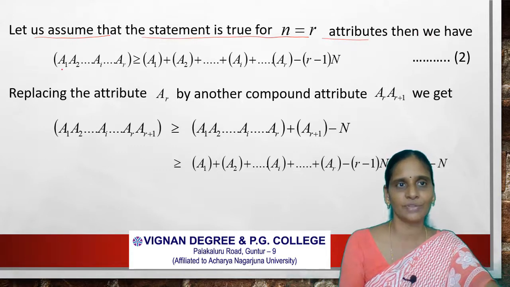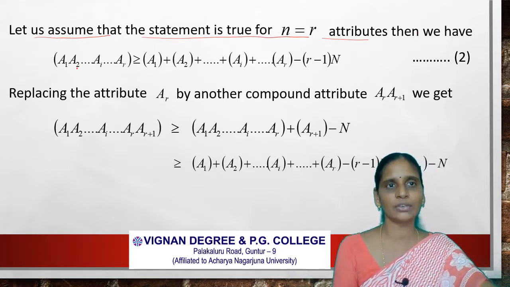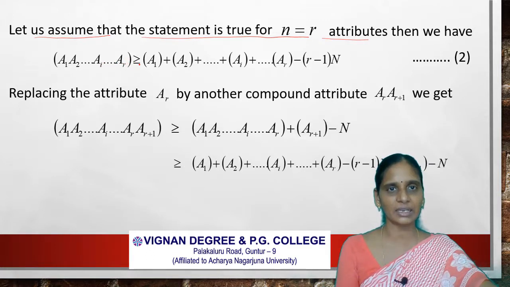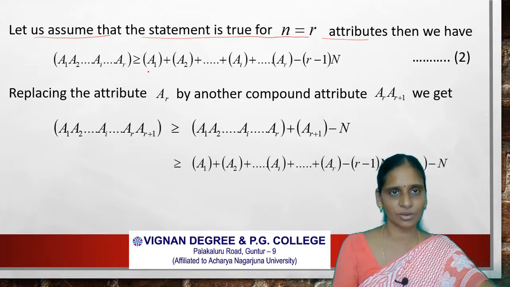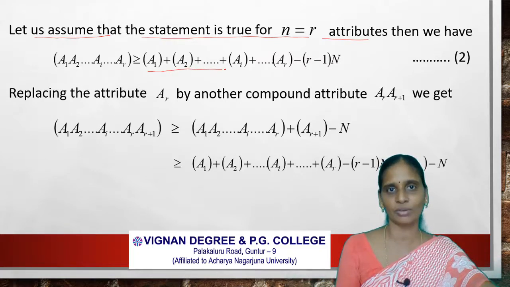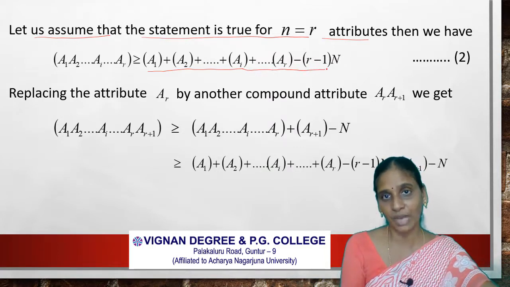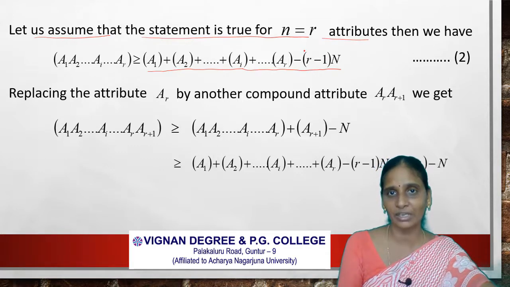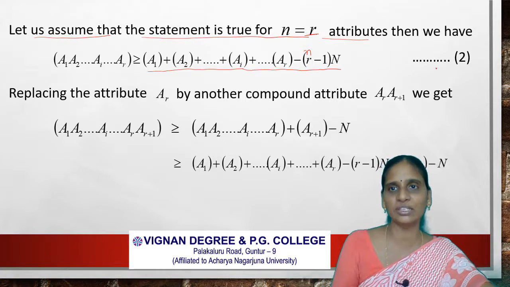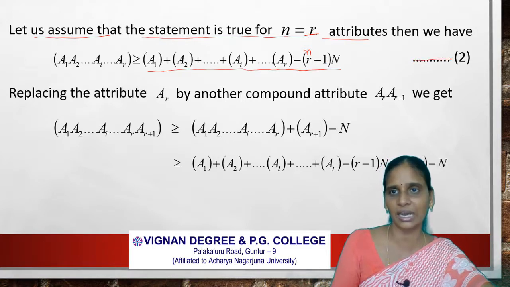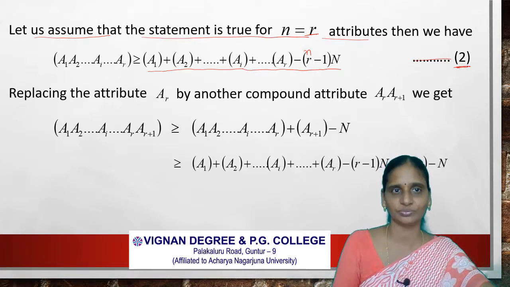Then we have frequency of a1, a2, and so on ai, and so on ar, greater than or equal to frequency of a1 plus frequency of a2 plus and so on frequency of ai plus and so on frequency of ar minus, in the place of n, we have to take (r minus 1) into n. So this expression is treated as equation 2.